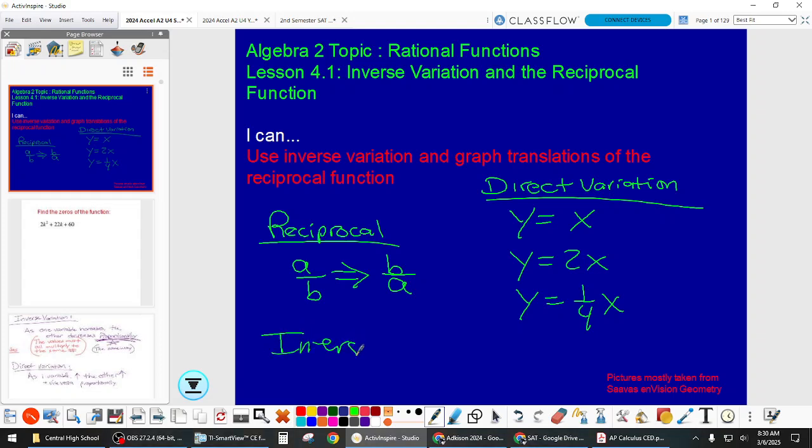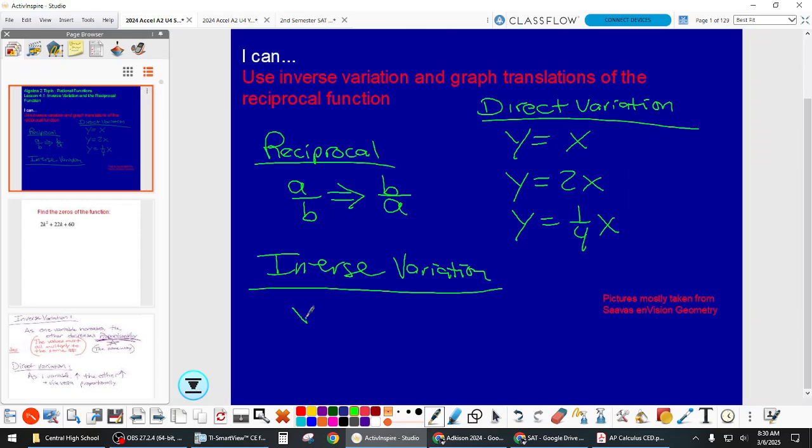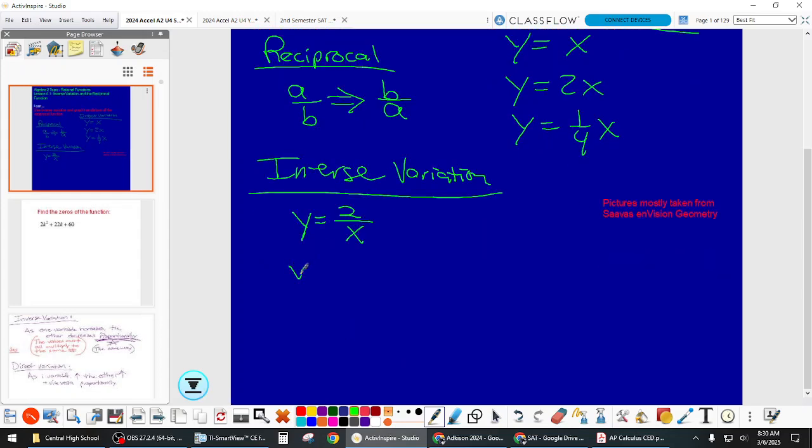So we'll talk about how these look toward each other. So those are examples of inverse variation functions.